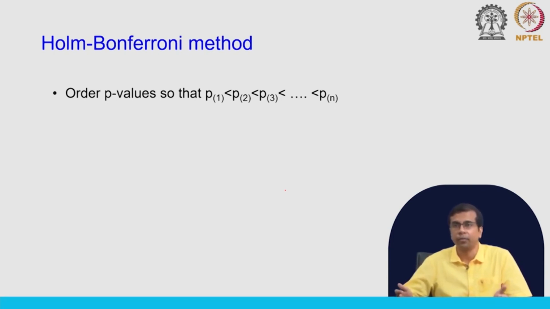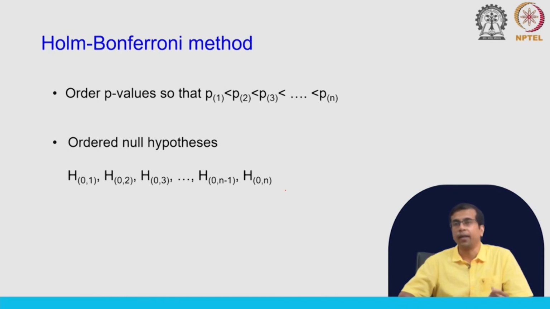So, you are doing these 10,000 tests, you get p values, and then you sort them, with the lowest p value first and the highest p value at the end. Okay. Similarly, based on the sorting, you also have the ordered null hypotheses, which we call H naught (1), H naught (2), H naught (3), and so on.